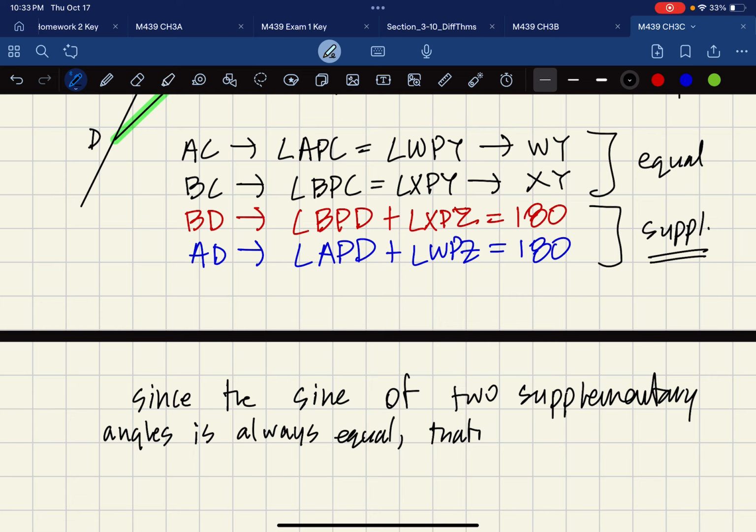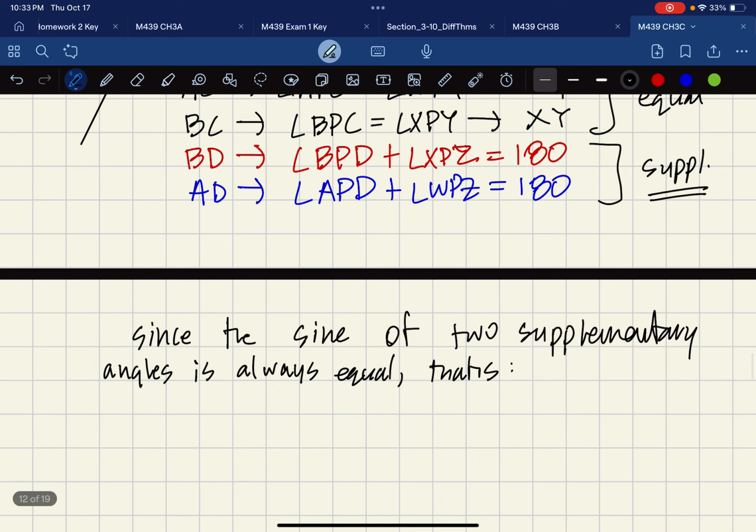That is, the sine of alpha is always equal to the sine of 180 degrees minus alpha.